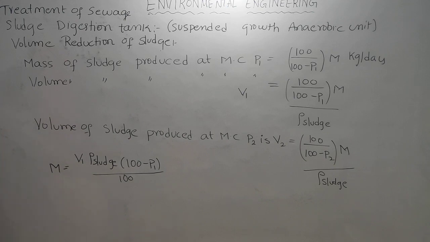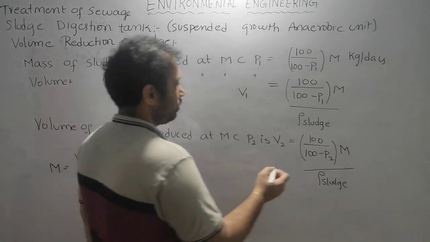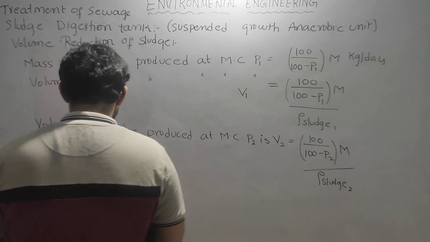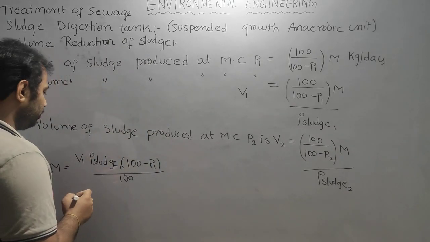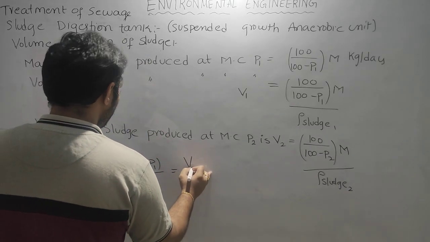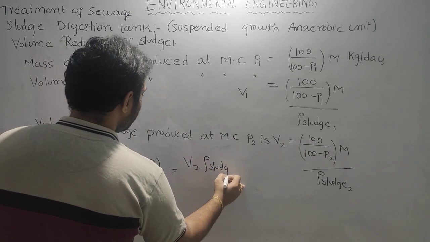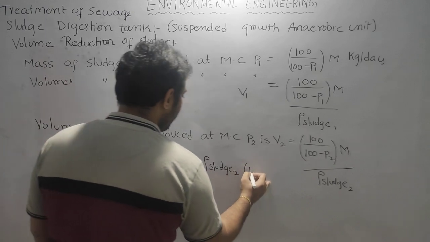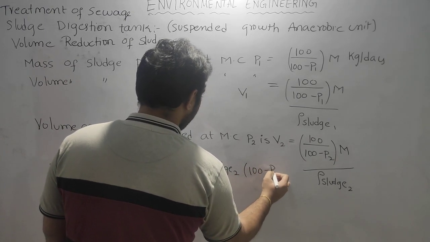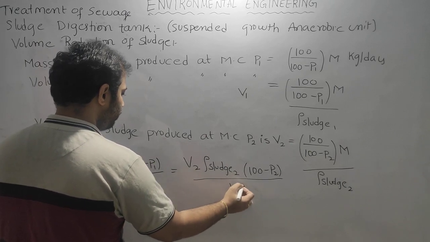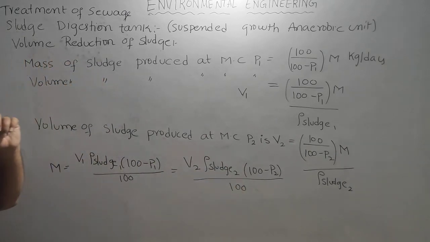Let us take this as rho of sludge 1, and let us take this rho of sludge 2, because the water content is varying. Rho of sludge 1 and rho of sludge 2, which is equal to V2 into rho of sludge 2 into 100 minus P2 by 100. So this is the relationship we got.